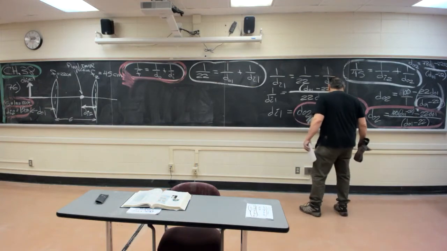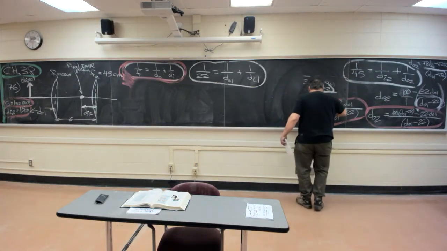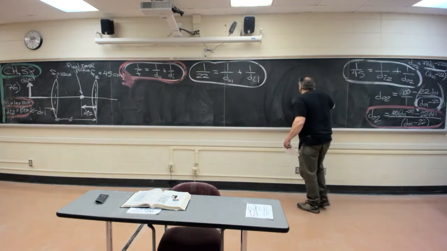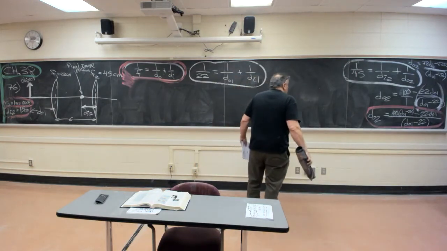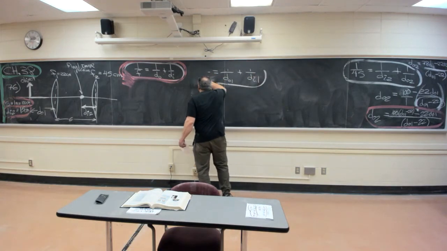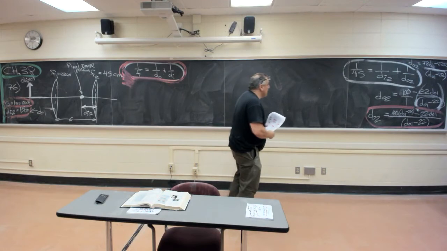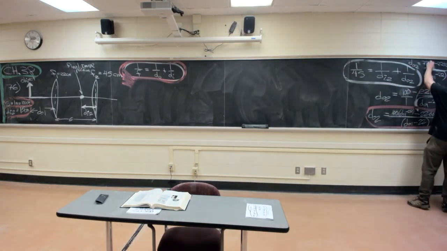Okay, so there's a lot here. We did a lot. Luckily we've got a film, and we can always go back. There's a whole lot going on, so let's keep going with it. Put do2, this right here, on the bottom where do2 is supposed to be.